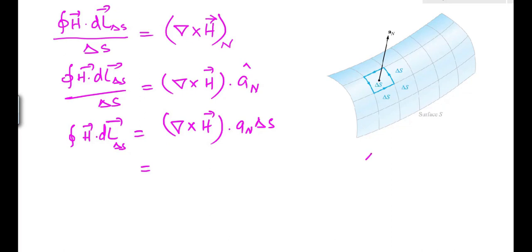So the surface area vector is always the magnitude of the surface area and its direction, which is always normal to the surface. So we can write this in this form, or simply del cross H dot delta S. The dot product of this curl of the magnetic field intensity and the surface area gives you the total current, and is equal to the closed line integral of the magnetic field intensity.